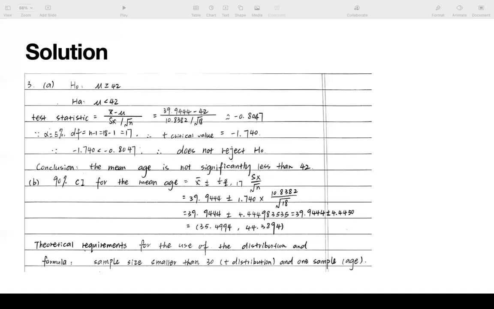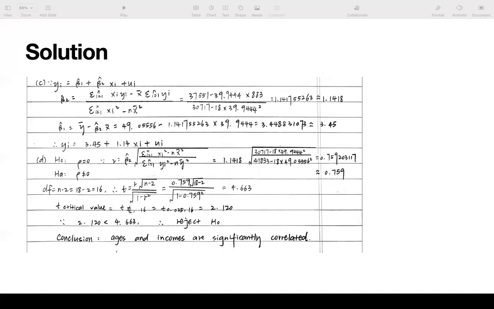We thus have the CI equal to 35.4994 to 44.3894. The theoretical requirements are such that the sample size is smaller than 30, so we can use the t distribution, and we have only one sample, that is age.